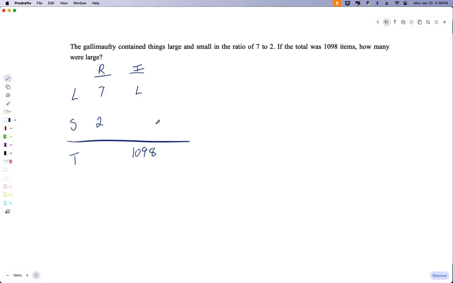We can figure this out later, but in order to get the number in the ratio that's relative to the total, we have to add these together. So 7 plus 2 is 9.